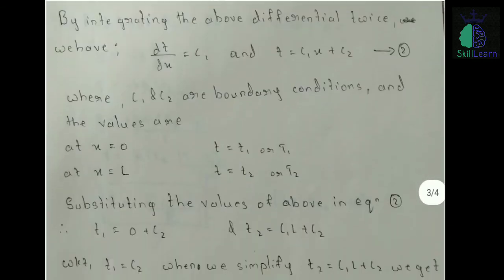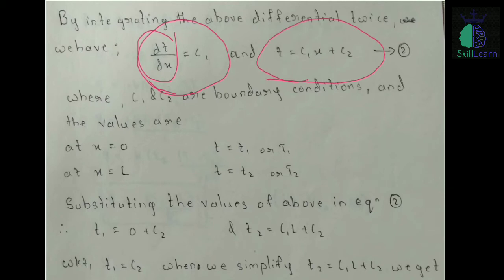By integrating the above equation the first time, we will get this equation, and when we integrate it again, we will get the next equation. Here C1 and C2 are constants determined by the boundary conditions.